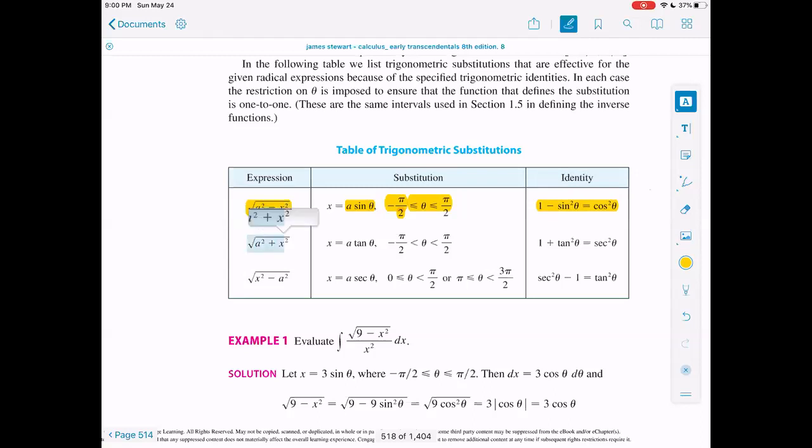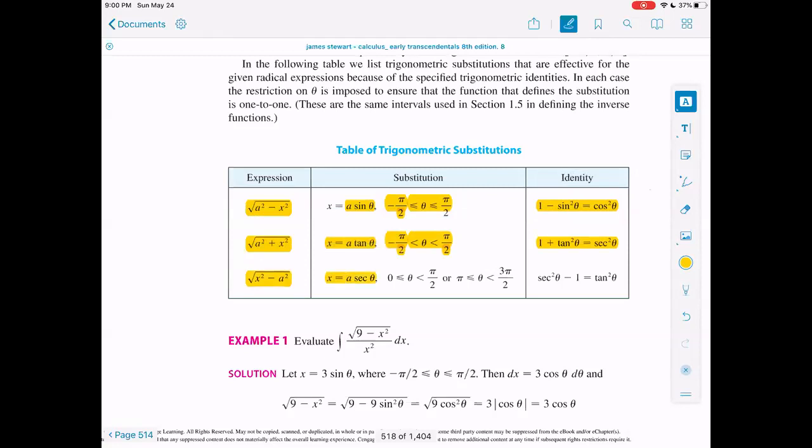Another form of this would be square root of a squared plus x squared. For this one, we're going to let x equal a tan theta, with the same restriction. The reason we do x equals a tan theta is because 1 plus tan squared theta will be secant squared theta. The last one we have in the table is square root of x squared minus a squared.